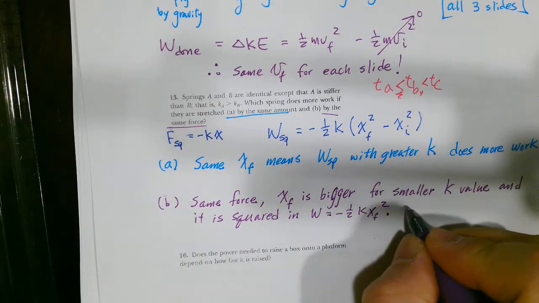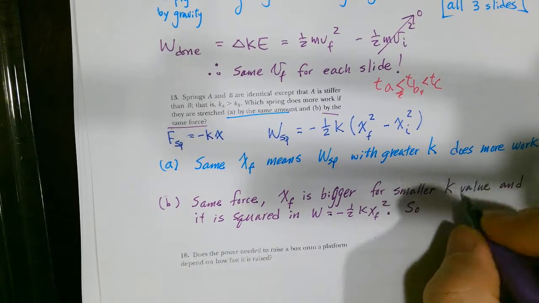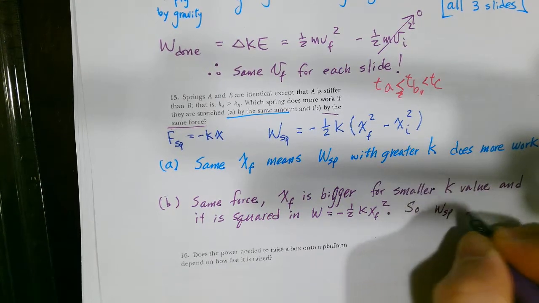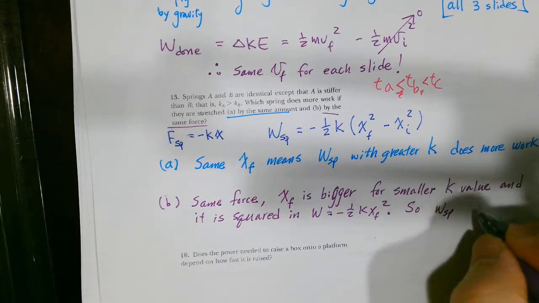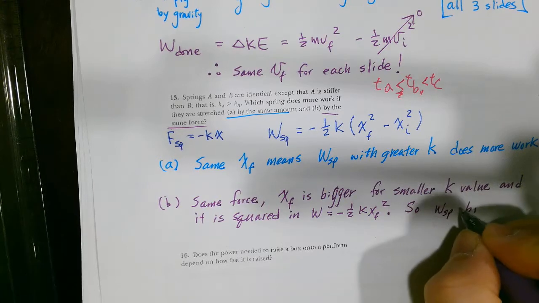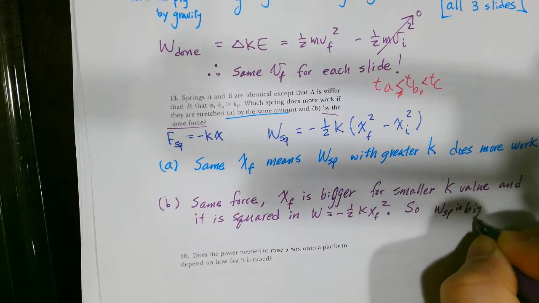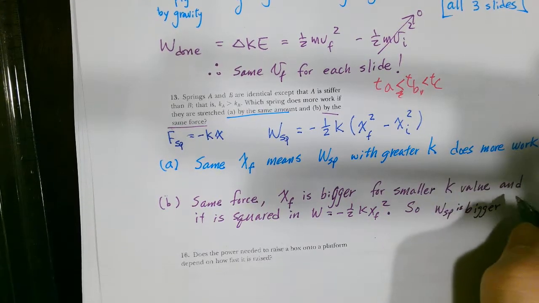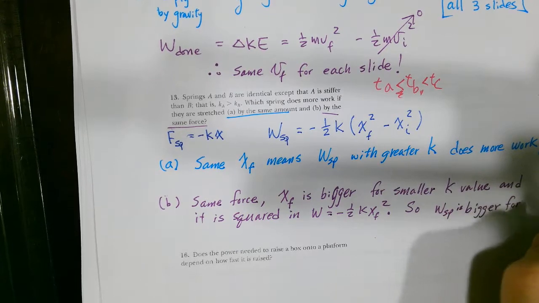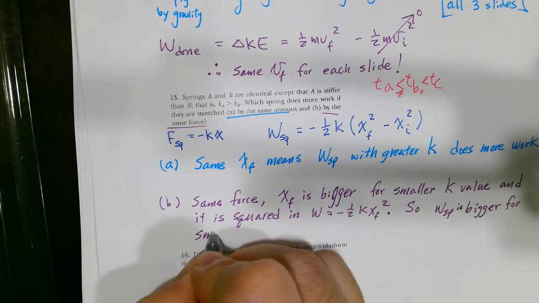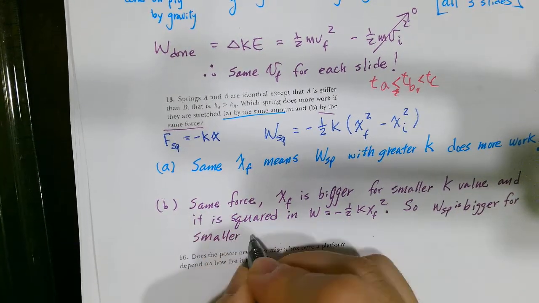So work of the spring is bigger for smaller K value.